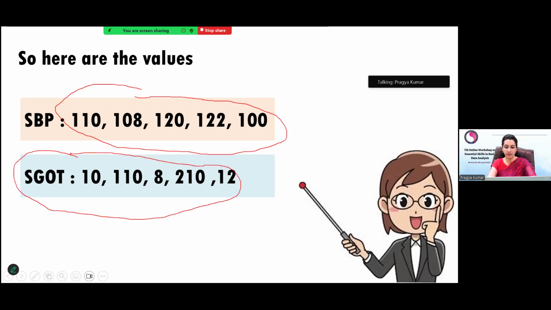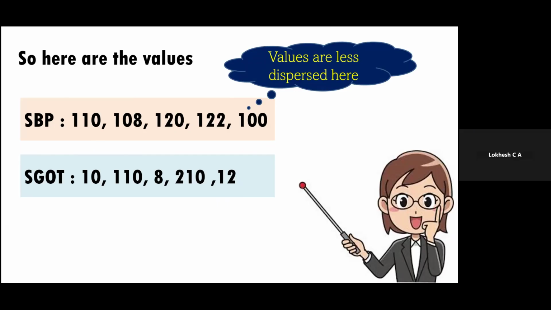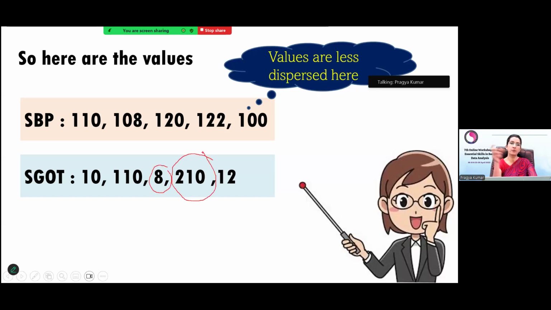So if I ask this question, where are the values less dispersed, then what will be your answer? SBP. So SBP is less dispersed, yes, because in SGOT you can see that there is one value which is 8 and there is one value which is 210. So roughly, we can see the range.